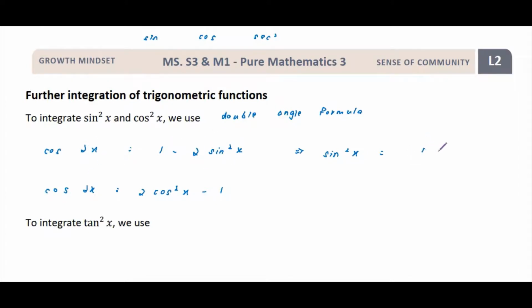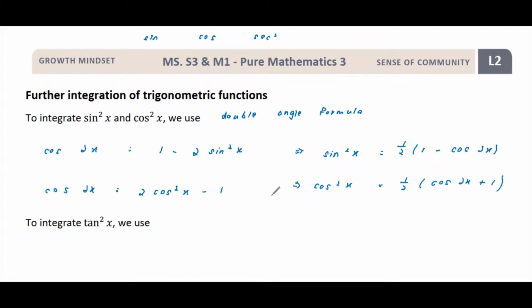So you have 1 minus cos 2x, and the whole thing times 1 over 2. The same goes for cos square x. For this one you do not need to exchange, you just bring this over there. So it becomes 1 over 2, then cos 2x plus 1. So this is what you have.